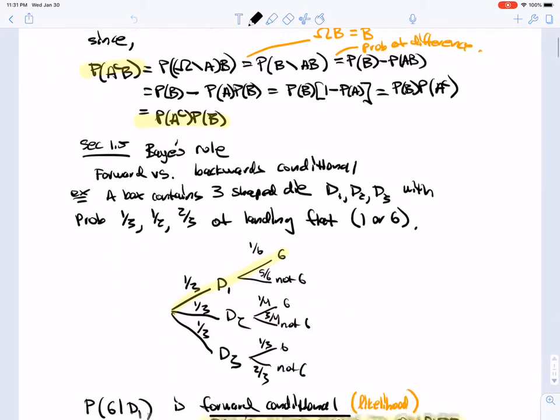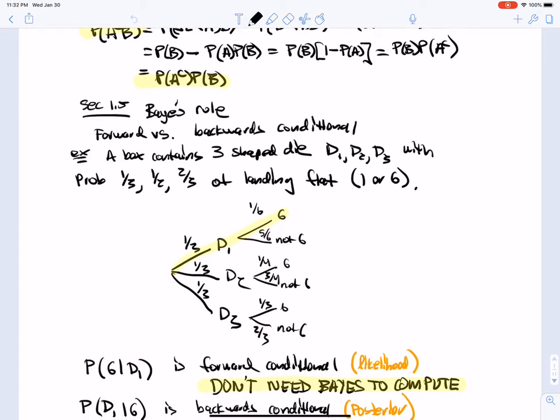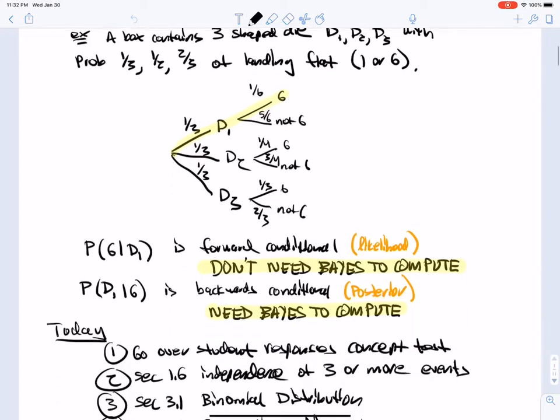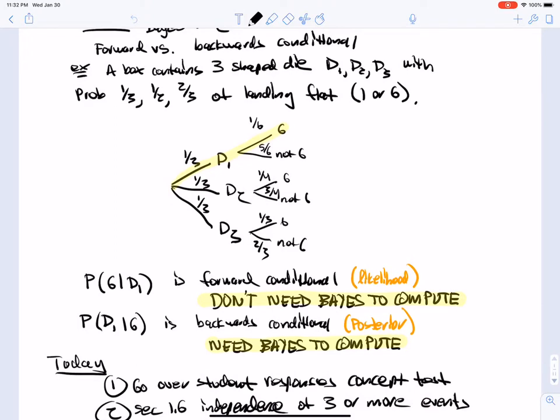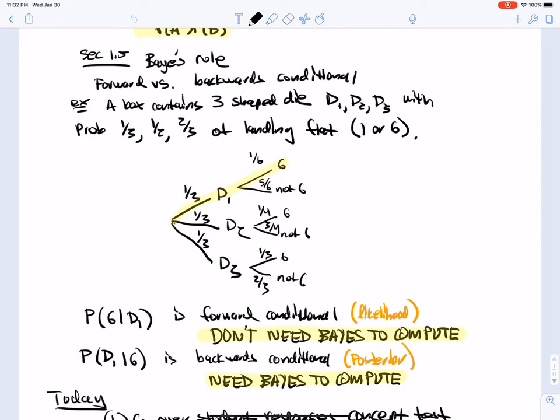We also saw Bayes' rule, and I just want to mention that there's forward and backward conditional. So forward conditional is also called a likelihood. Backward conditional is called a posterior. You only need Bayes' rule for backwards conditional.